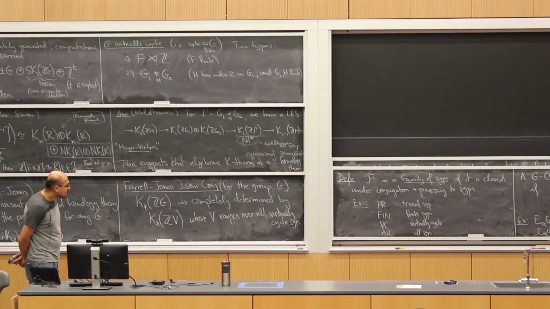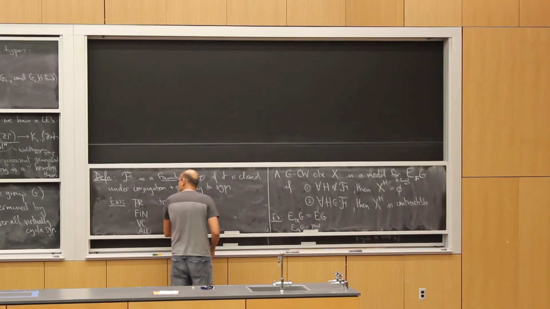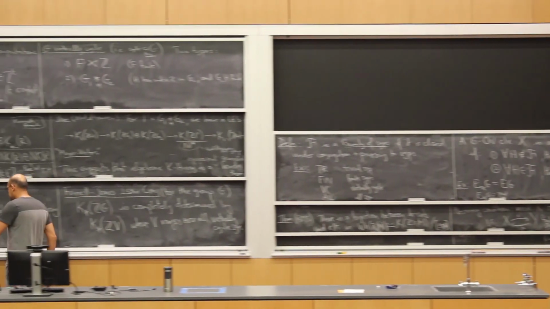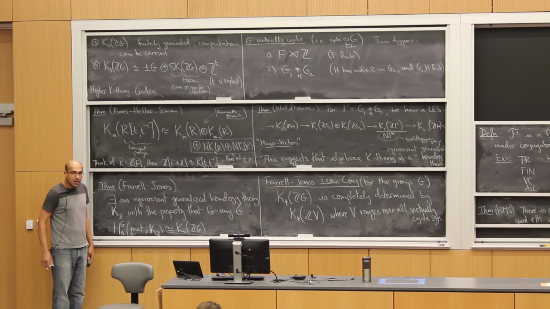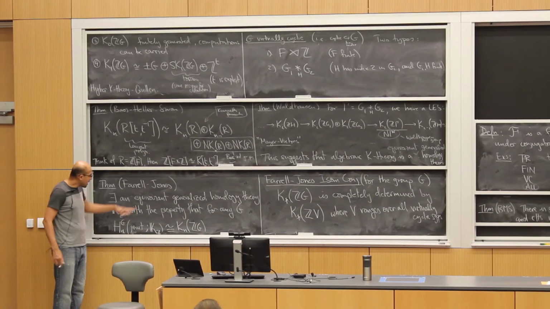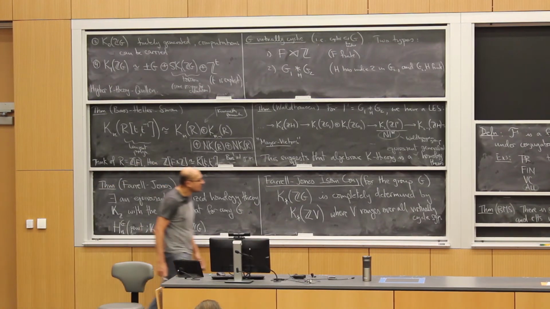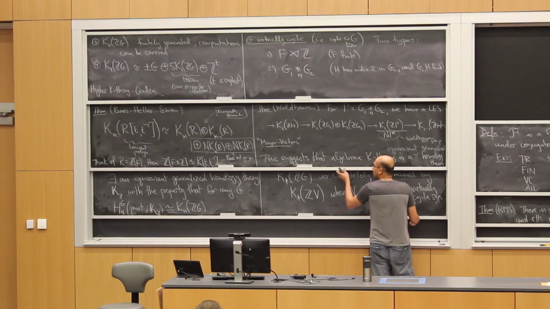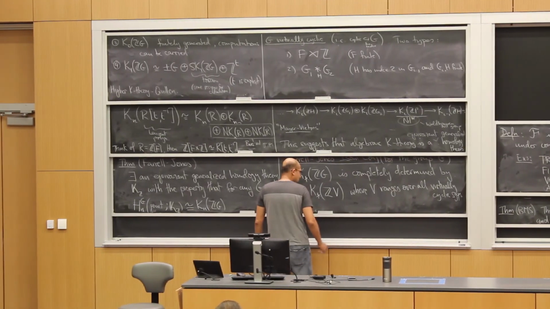All right, so now how is this related to that right here? Right, so when you've got an equivariant generalized homology theory, anytime you've got an equivariant map between spaces, you get an induced homomorphism. So now I can state the formal version, so maybe I'll put it right down here. The formal version is the following.